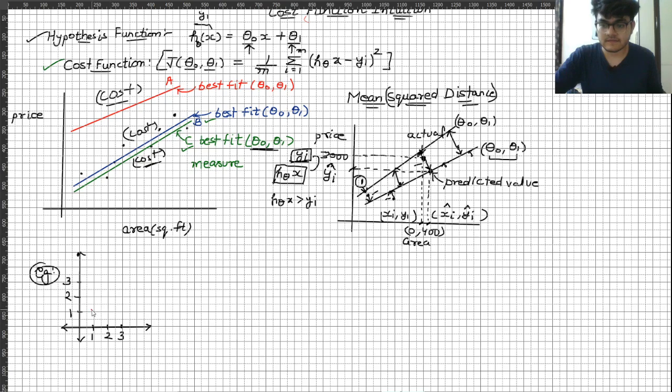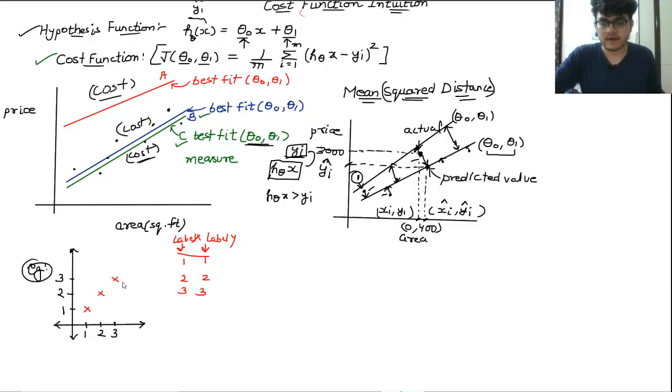Let's consider this point, which is 1 comma 1, then 2 comma 2, and then finally 3 comma 3. So these points have come from our data set, and they will have some labels, label X and label Y. I'm not going to write them; you can just find them out from there.